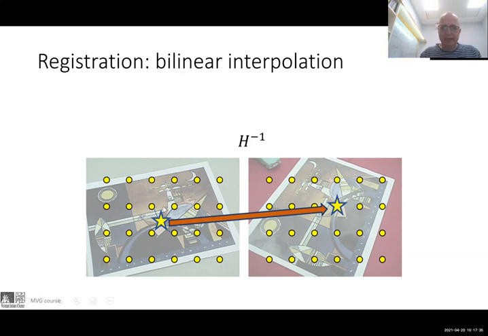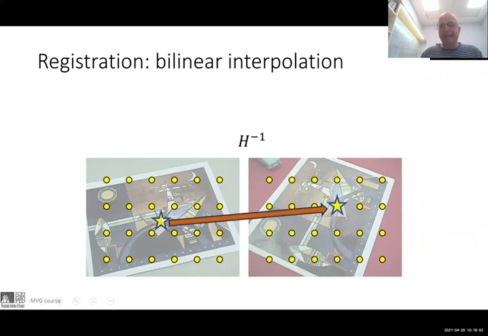So we apply bilinear interpolation to these 4 grid points and get the intensity and color for this star point.